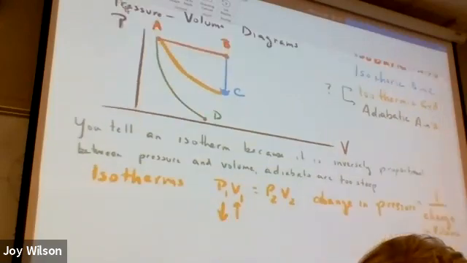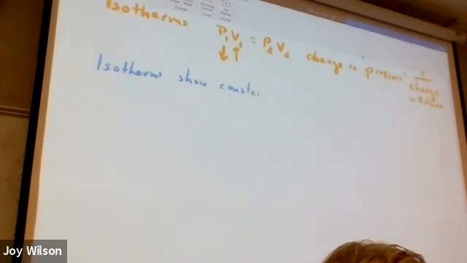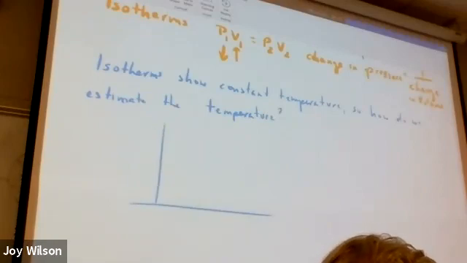Okay, so since isotherms are constant temperature, how do we estimate the temperature? PV.